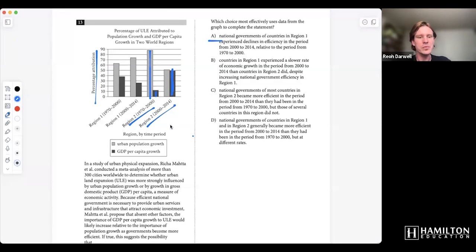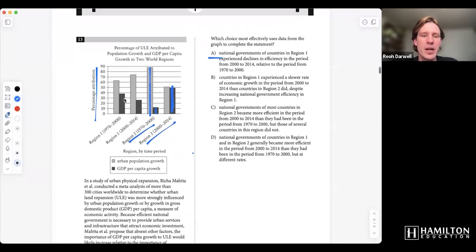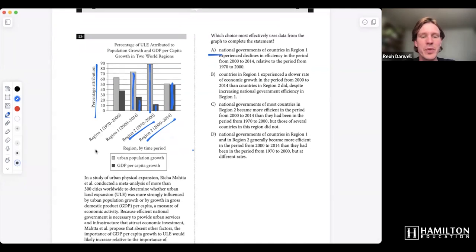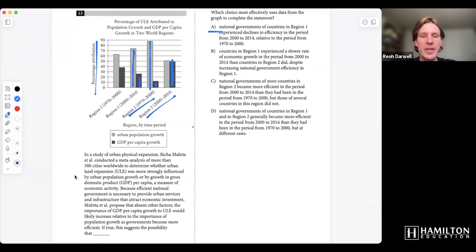And then in region 1, it's kind of the opposite. It seems like as we've gone through time, the expansion of the city, urban expansion, is driven more by population growth than by GDP. Okay, so what do we need to know about these studiers, these people?